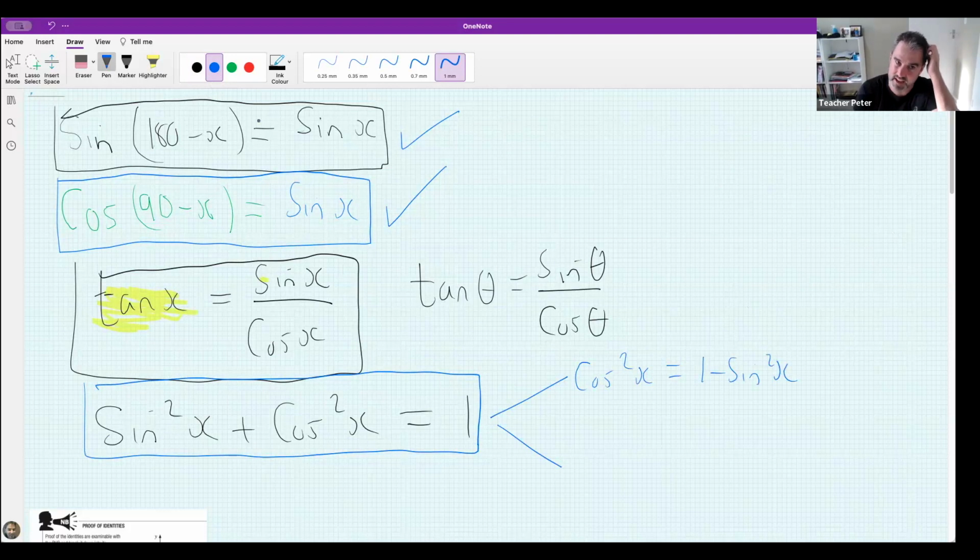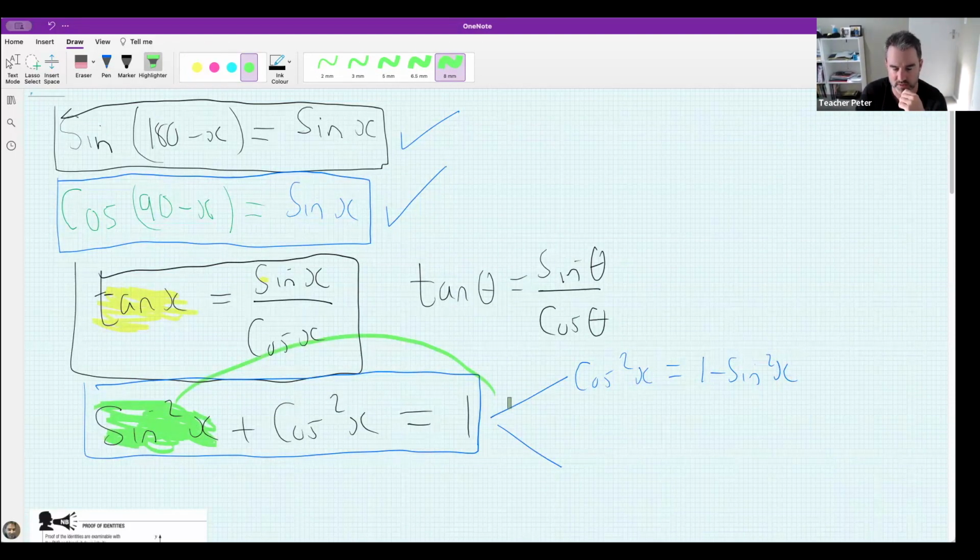All I've done in that case is take the sine squared x, which was on this side, to the other side, and it became 1 minus sine squared x. But you can do the same idea with the cos, and you could also say that sine squared x equals 1 minus cos squared x. That is just moving the cos squared x to the other side where it becomes minus. So this is all the same identity, but these are just two different formats.